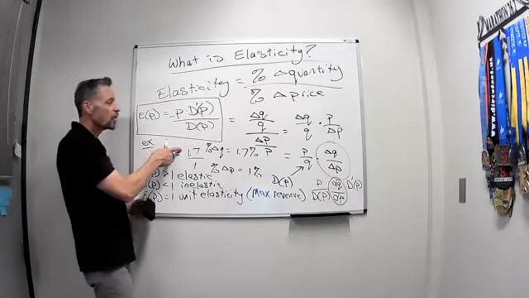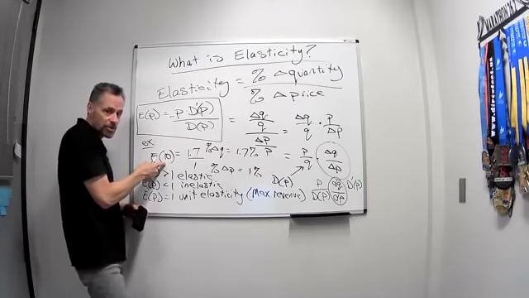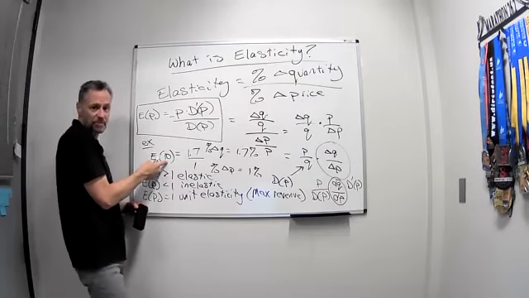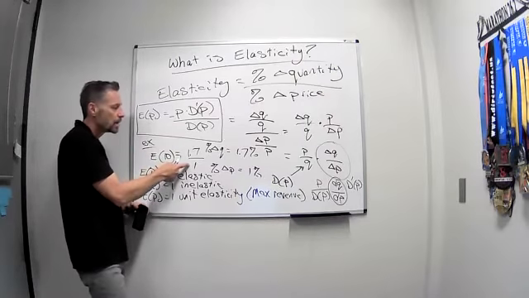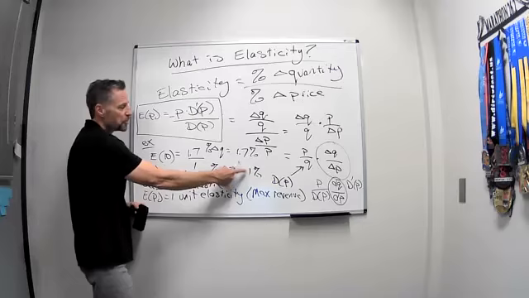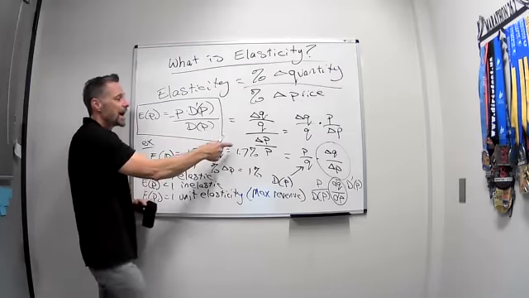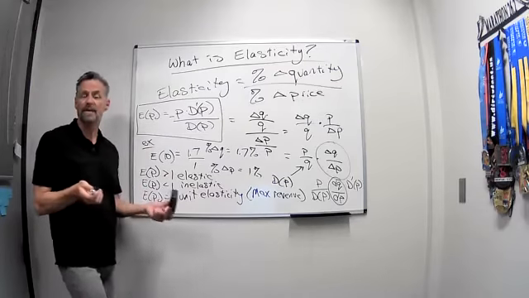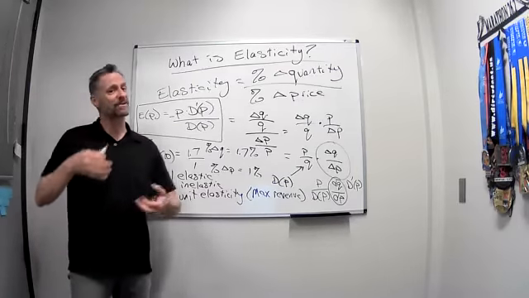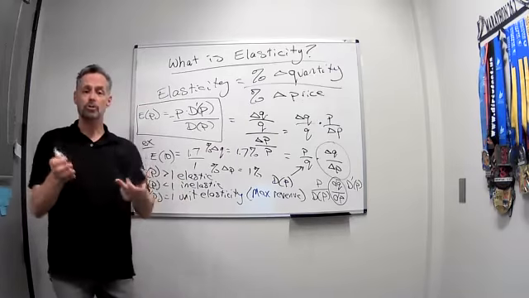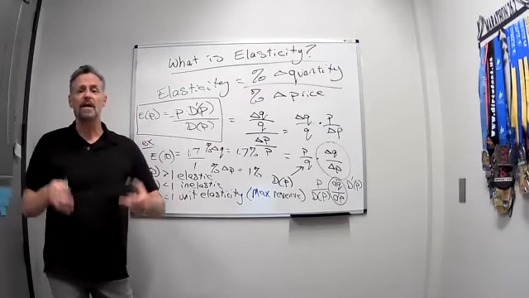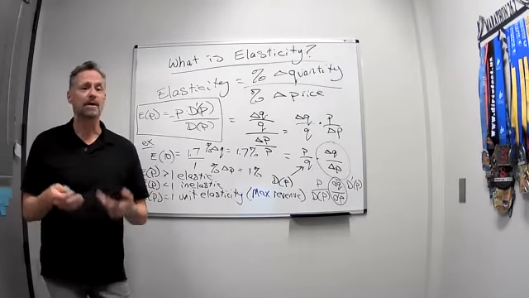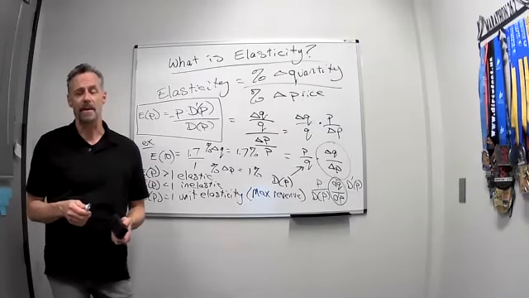Well, if I get 1.7 at $10 and I increase the price a little bit, say 1% from $10, quantity is going to change about 1.7%, but in the opposite direction. Okay, so that's the idea of it. It's a little technical. Do look at my other video. I'll put a link to it that is working out a problem with elasticity and talking about whether it's elastic or inelastic and what that means.